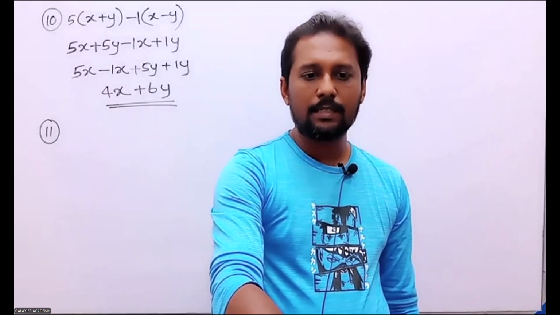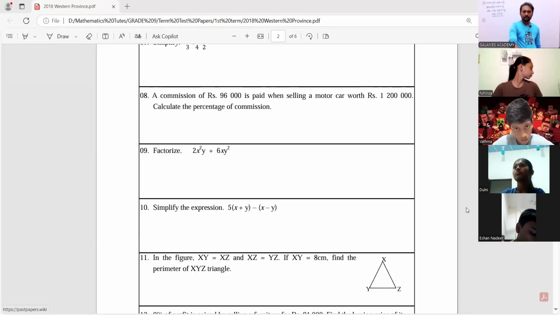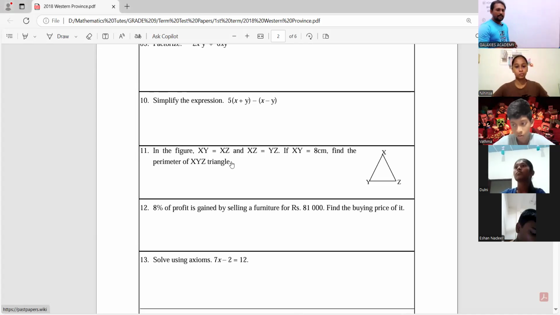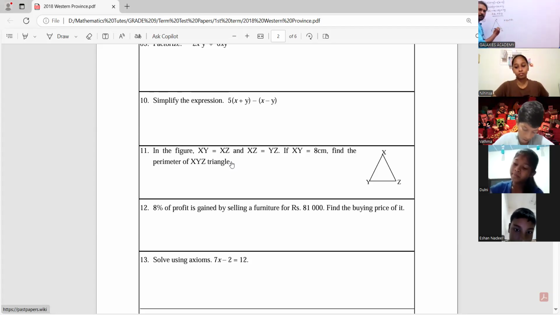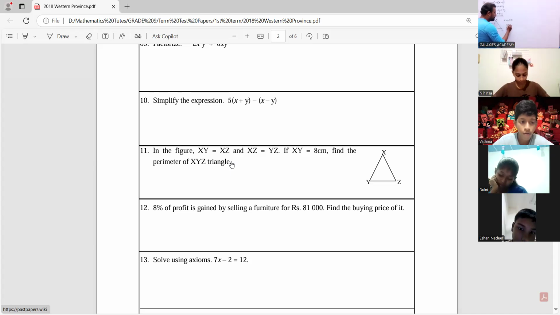Right. Then let's go to the next one. Number 11. In the figure xy equal xz, the triangle given, xy equal xz and xz equal yz.